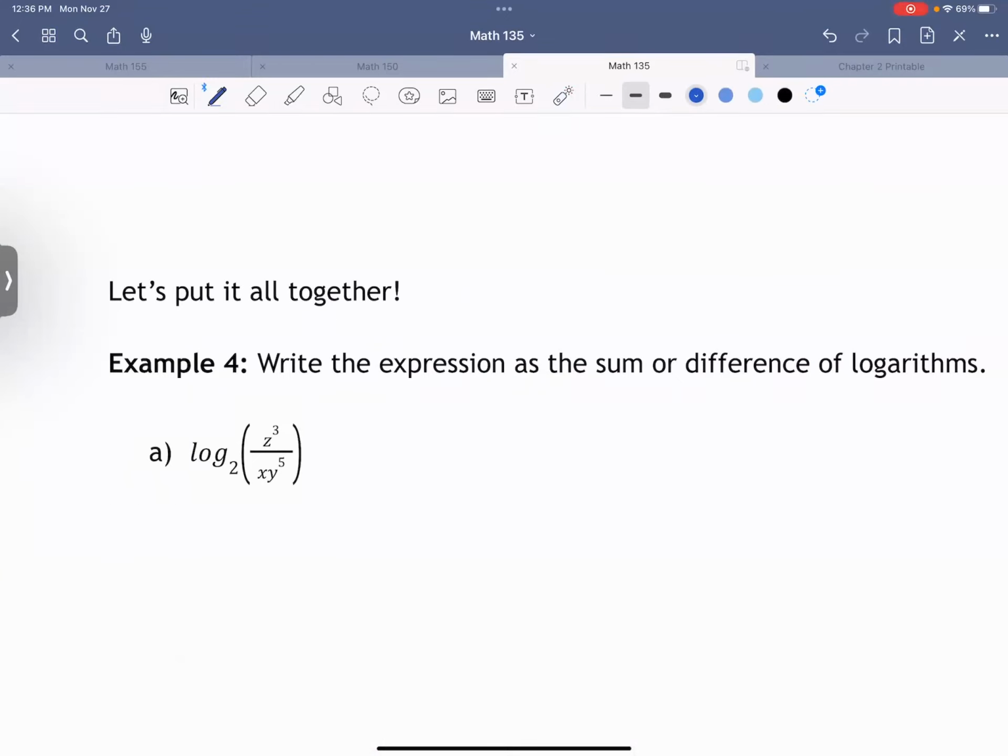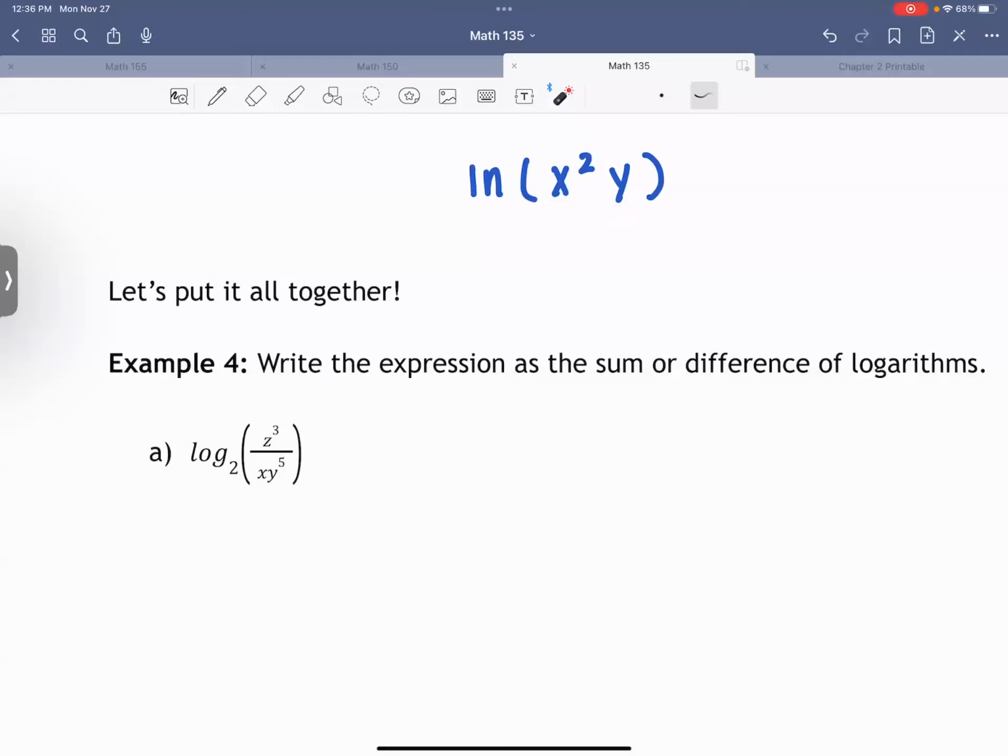But can you see that the power is only applied to the x, right? So it wouldn't make sense to apply the power rule first because the power only occurs with the x, not the entire thing. So in this case, I would want to split up the multiplication first and then split up the power. Does that kind of make sense?